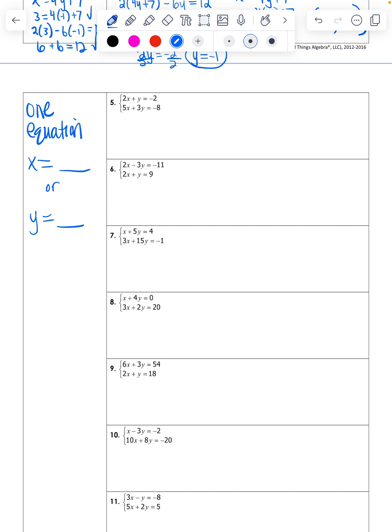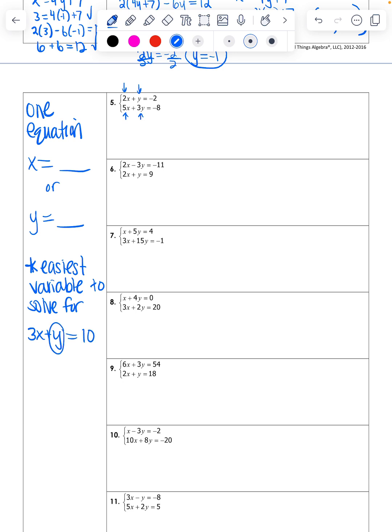So what we have to do is decide, should we solve for this x? Should we solve for this x? Should we solve for this y or this y? The easiest variable to solve for is going to be a single x or a single y. It's going to be anything that looks like 3x plus y equals 10.